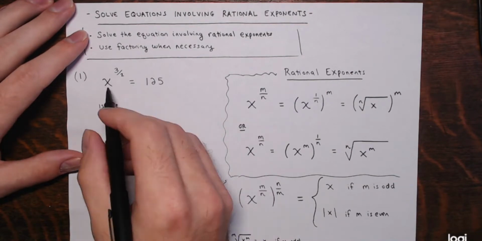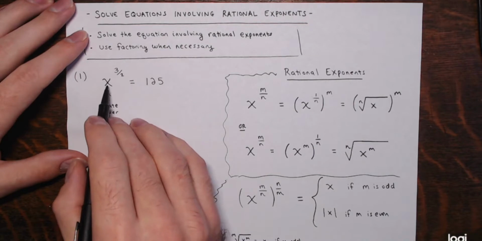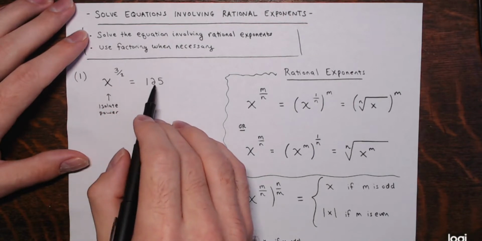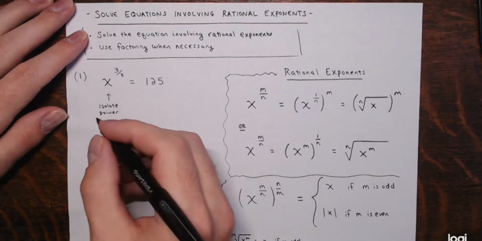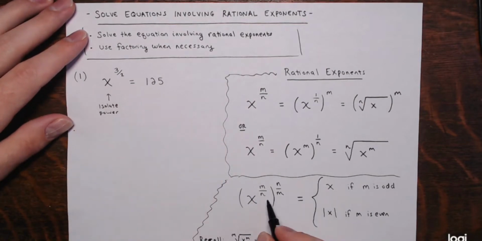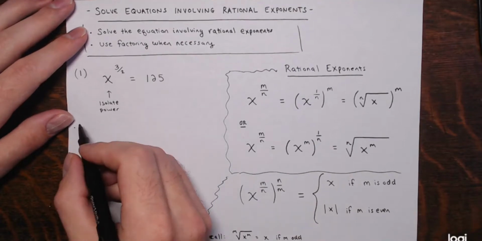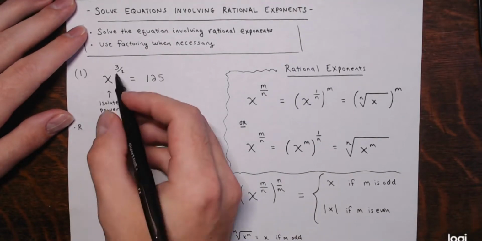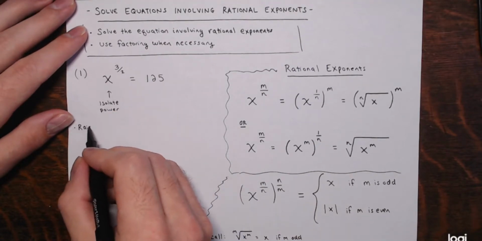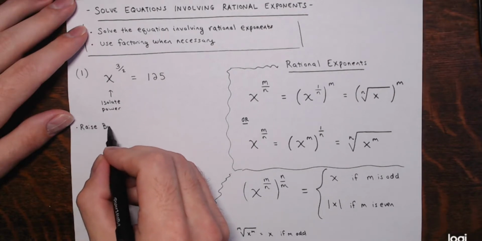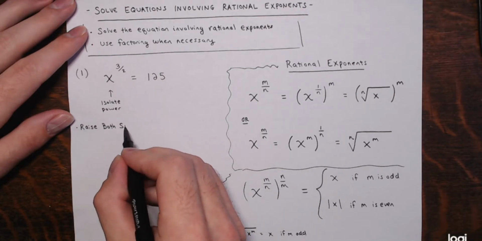Isolate the variable expression to a power, and now I have a variable expression to a power equals 125, equals a constant. And then we could try this out here. I raise both sides to the reciprocal of that power.